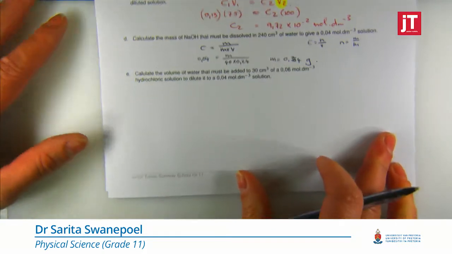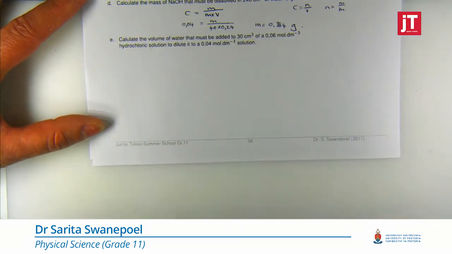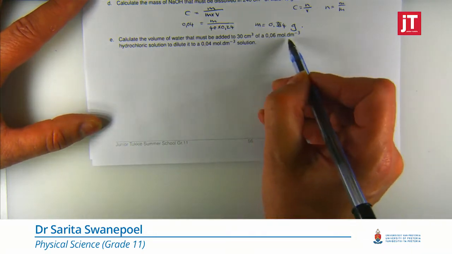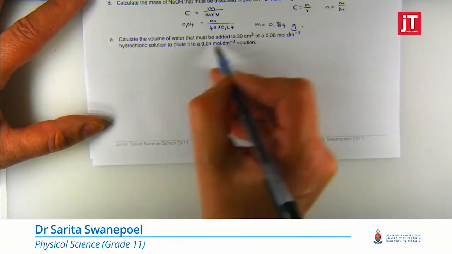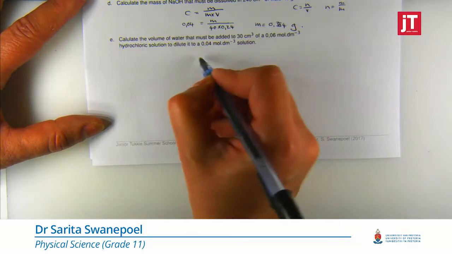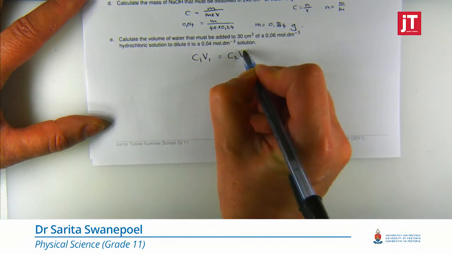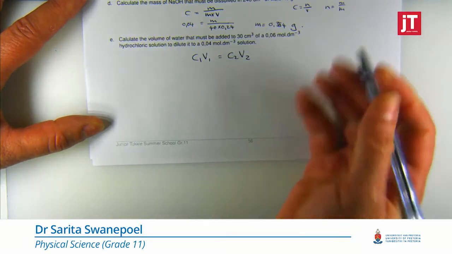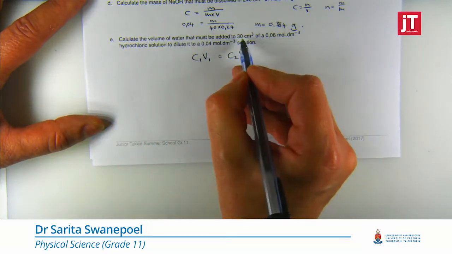Last one. Calculate the volume of water that must be added to 30 cubic centimeters of a 0.06 mole per cubic decimeter hydrochloric solution to dilute to 0.04. Okay, so it's dilution. Immediately, I'm going to start with this equation. Right. What do we start with? They ask us, calculate the water that must be added to 30.